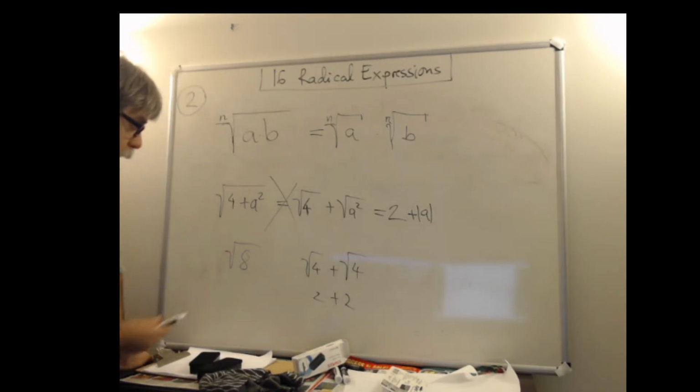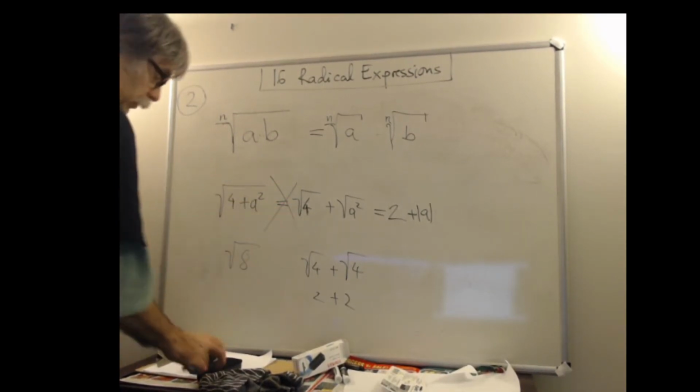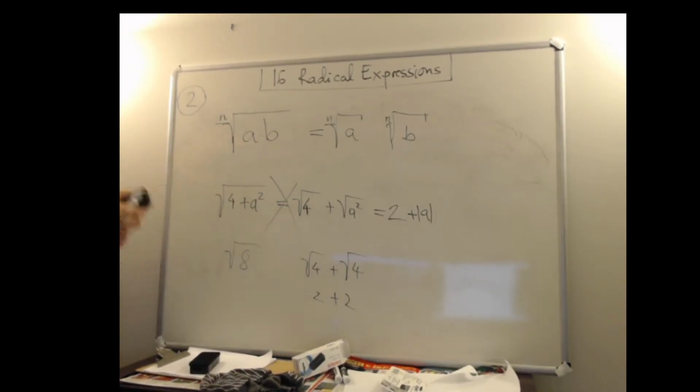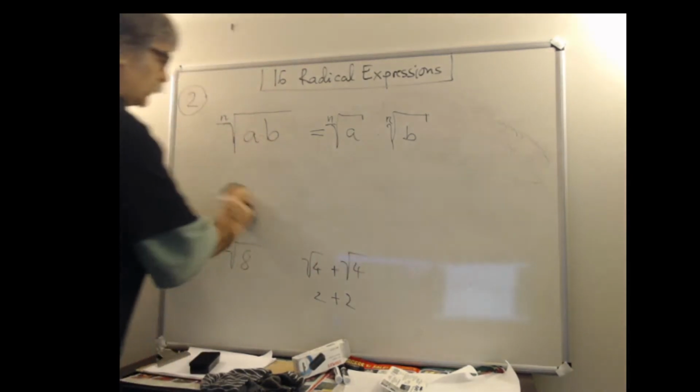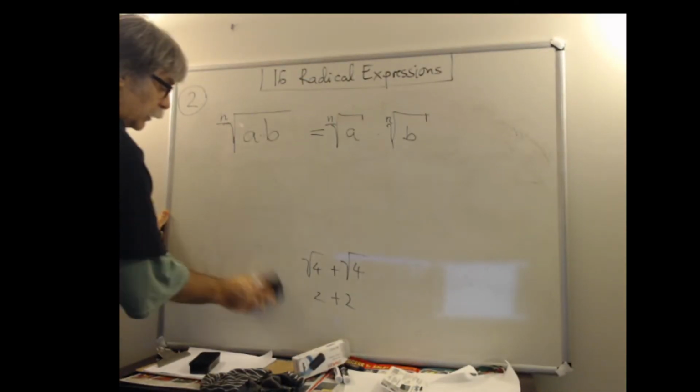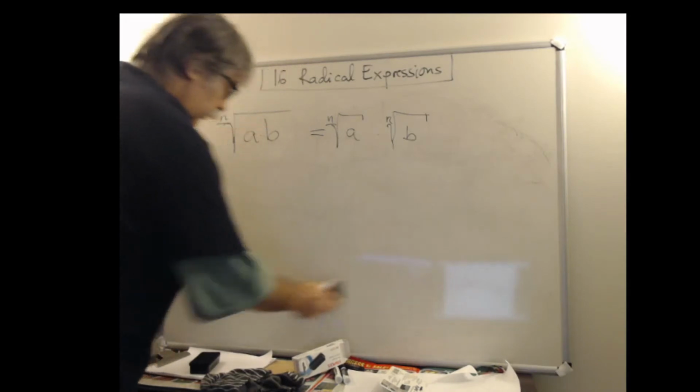So you get 4 here, and radical of 8 is not 4, because when you square 4, you get 16, not 8. That shows you that this and this are not equal. You can try any other number, it will not be equal. Well, if you try 0 for a, then it will. But any other number, it won't be equal.